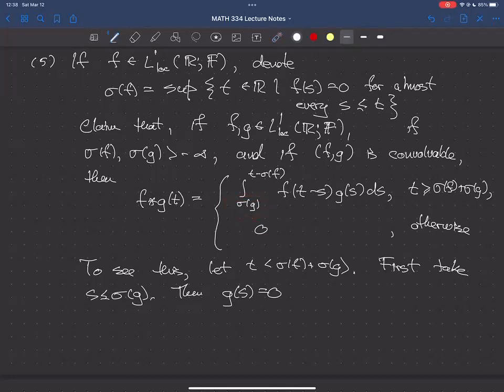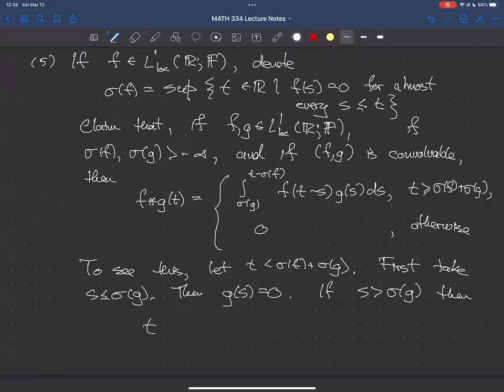Okay, good. Then I have the other case to consider in this special case, which is when s is greater than sigma of g. So if s is greater than sigma of g, then all I'm going to do is subtract s from both sides of that formula.